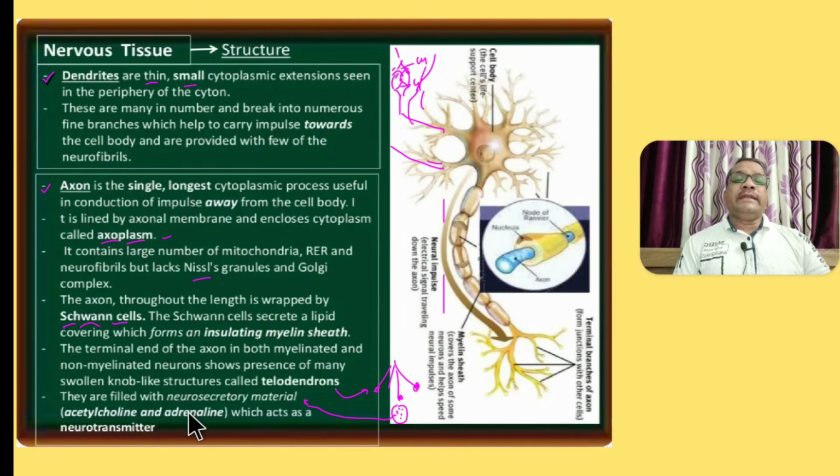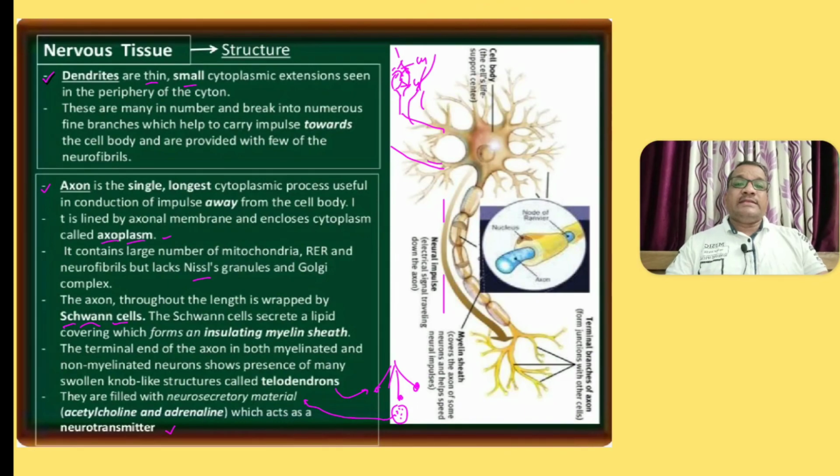Acetylcholine and adrenaline are present inside it, which act as neurotransmitters. So, acetylcholine and adrenaline are present inside these telodendrons.